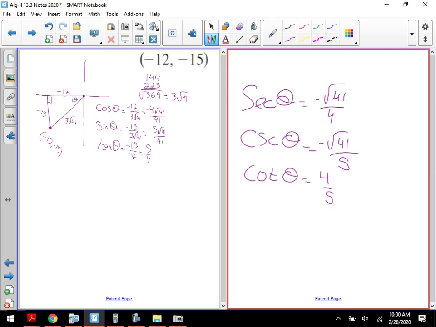X or Y? What comes first in the alphabet, sine or cosine? Cosine. If I look at my X values, when theta is placed here, what's always your adjacent? Your X. What's always your opposite? Y. Let me go back to this one real quick.